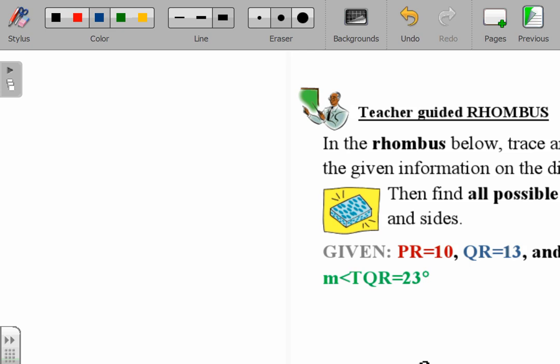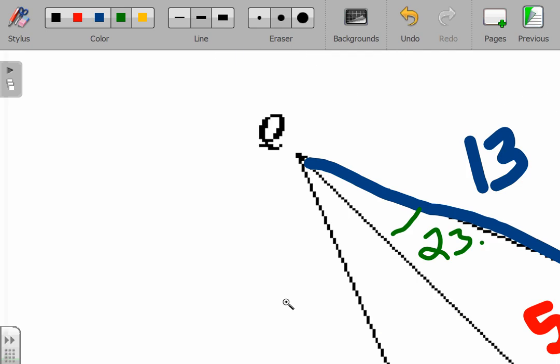And QR is 13. And you were told the measure of TQR, that's this angle right there, is 23. It says find everything you can. Most important thing you need to remember about a rhombus is there are right angles right in the middle here.